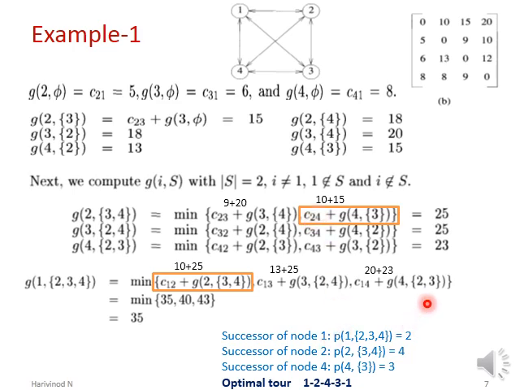So the successor of node 2 is 4. Again trace back this G of 4, 3. Of course we don't have a choice there. So the successor of node 4 is 3.